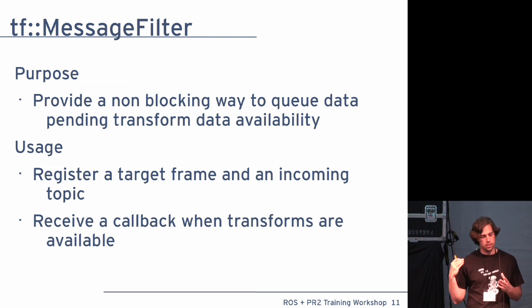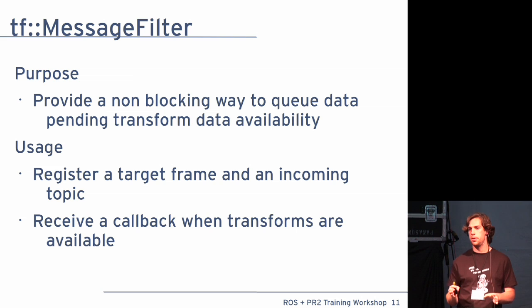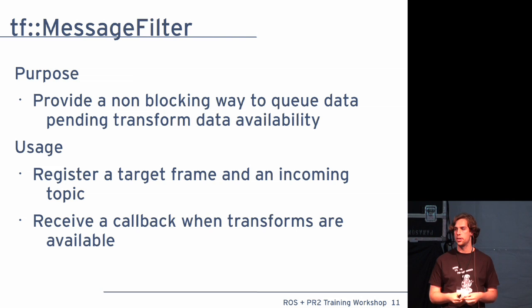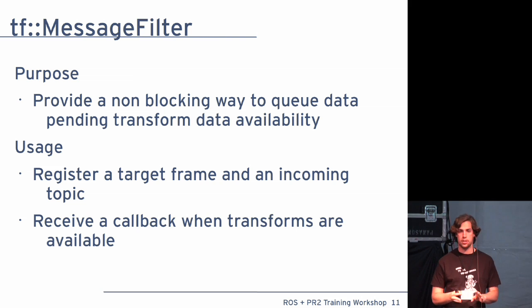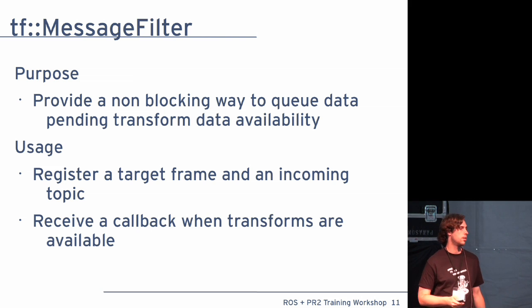As I said, it'll actually subscribe for you and store your data and give you the callback just like you subscribe to it, but it will have made sure that the precondition is valid, that the data can be transformed into the frame that you want it to be in when your callback is called, which means that you can make the assumption when your callback's called that the transform is available. This does not mean that it's not still good practice to put it in a try-catch block, because there may be other problems, or it may go out the back while you're processing.